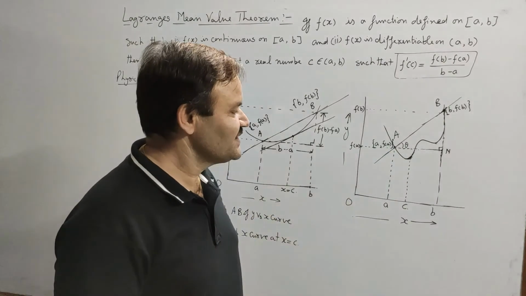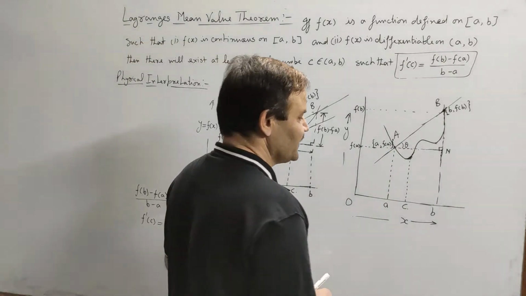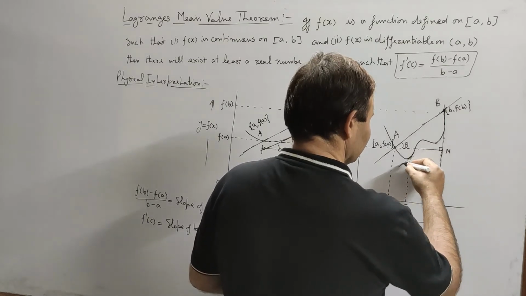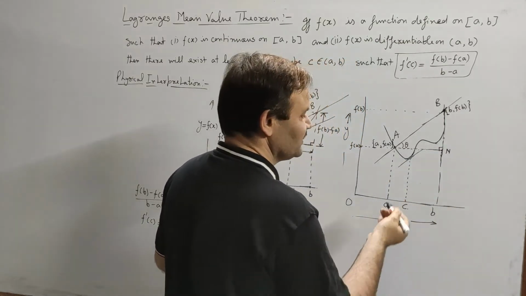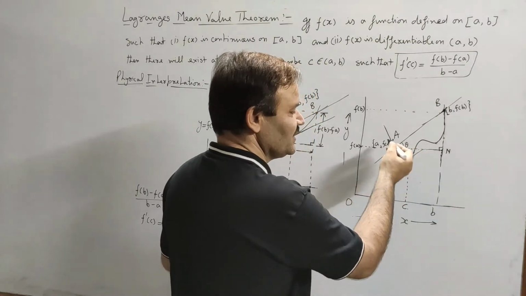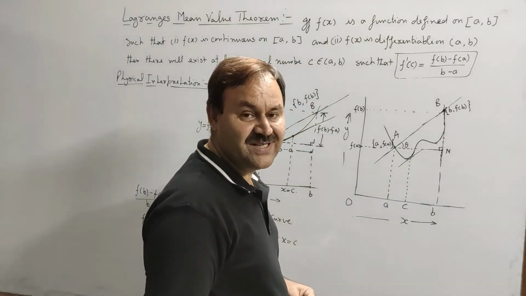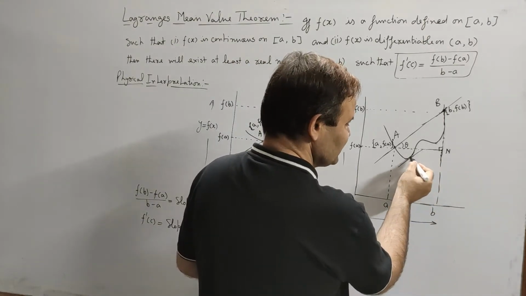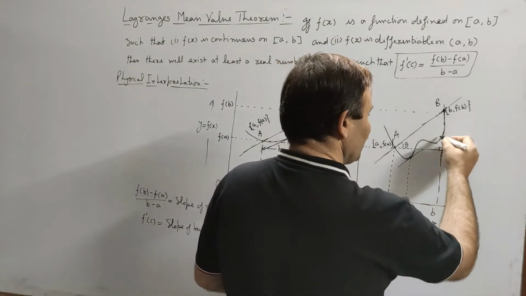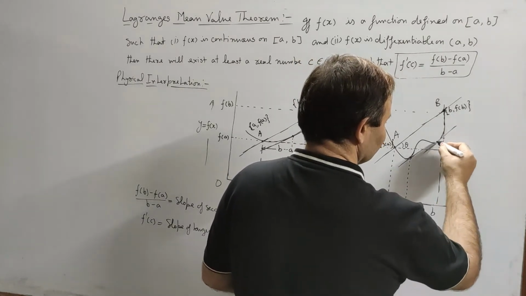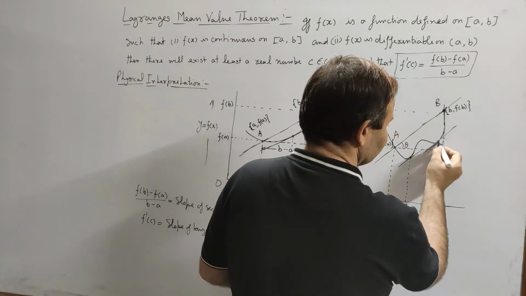Similarly, for this second curve, there can be 2 points at which the tangent to the curve will be parallel to the secant AB, the first one somewhere here and the second point somewhere here.